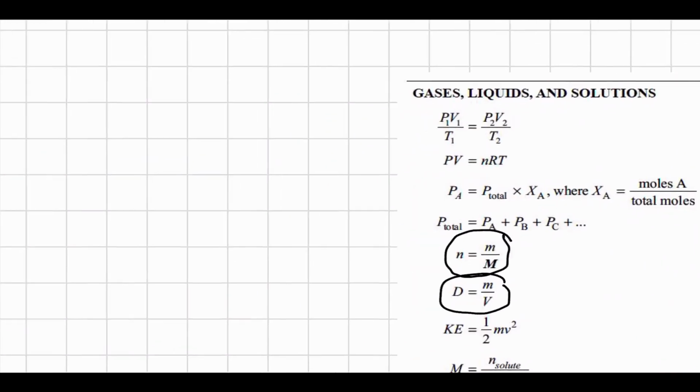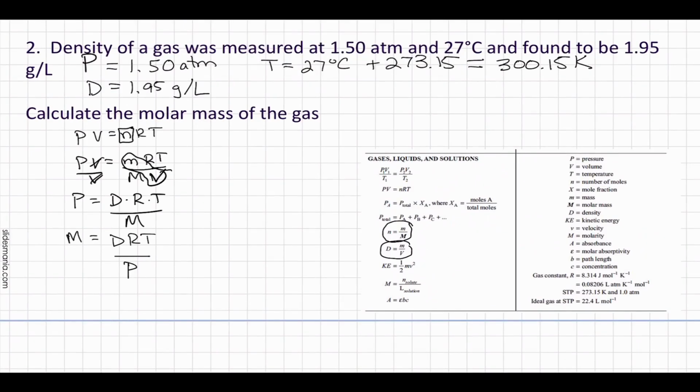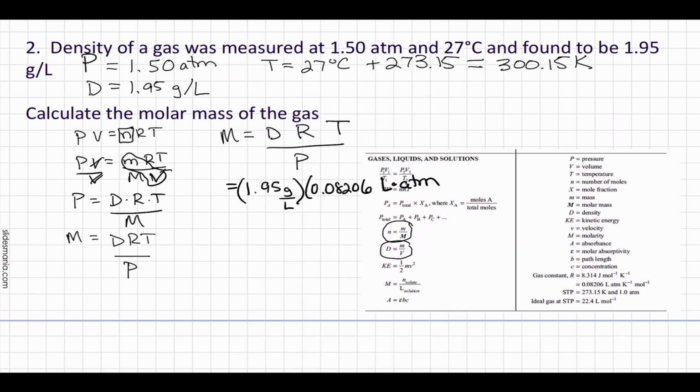So I'm going to now calculate molar mass of this gas by taking the density times ideal gas law constant times the temp over the pressure. So the density is 1.95, R. I'm going to do the whole unit.